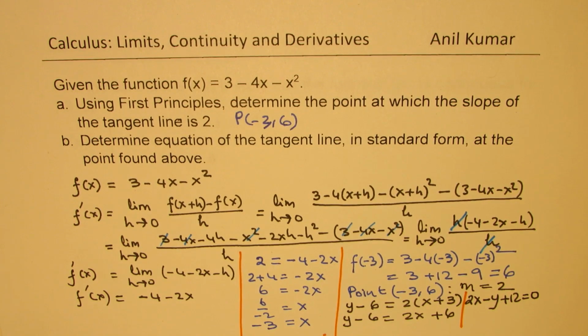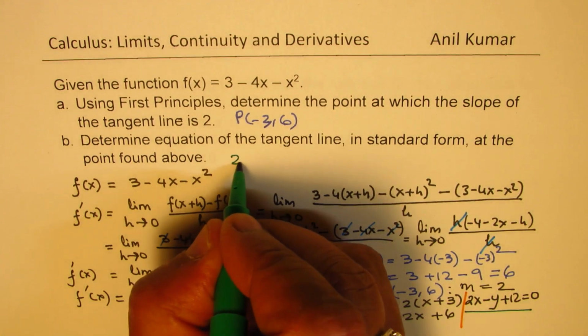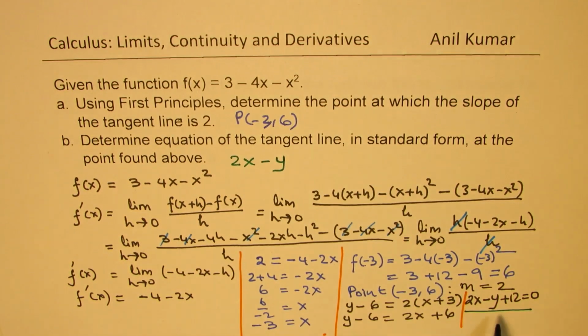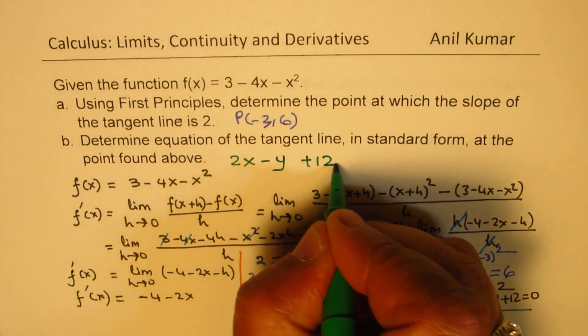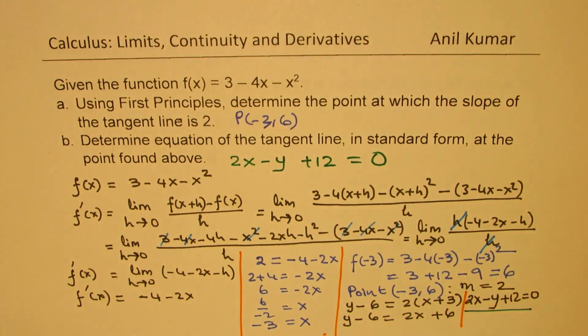So we get the equation as 2x minus y plus 12 equals 0. Is that clear? That is how we are going to solve this particular question.